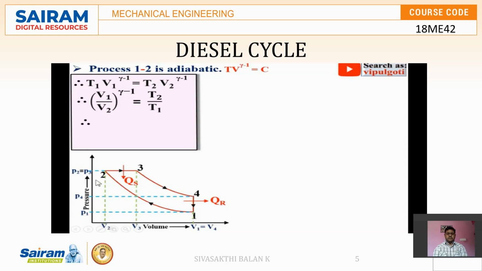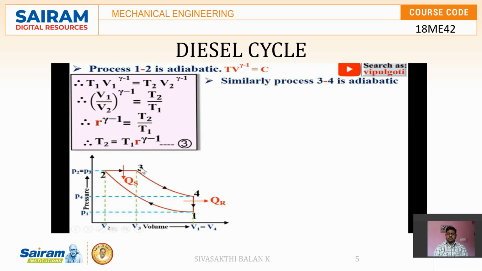And you know that V1 by V2 is the compression ratio, so I can say r raised to gamma minus 1 is equal to T2 by T1. So I will get T2 is equal to T1 into r raised to gamma minus 1. So I got that relation of temperature T2 in terms of T1. I am going to find the different temperatures in terms of T1 one by one, so that I can find the efficiency of the diesel cycle at the end. So this is equation number 3.